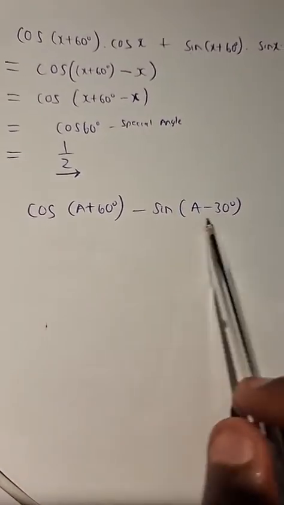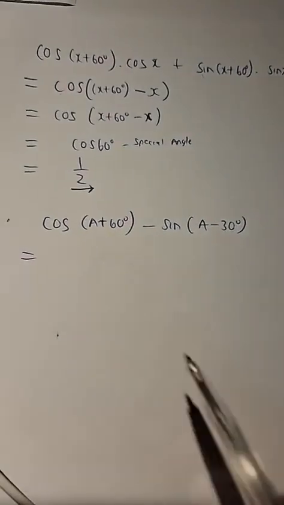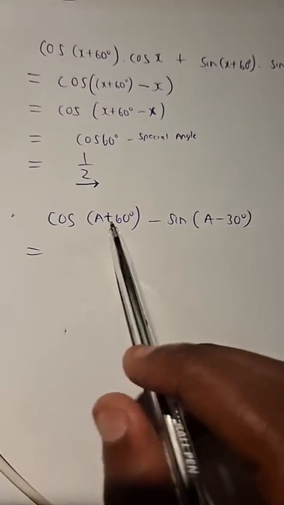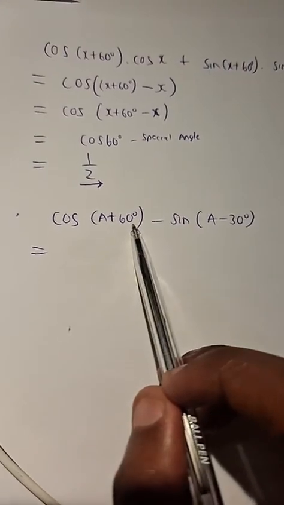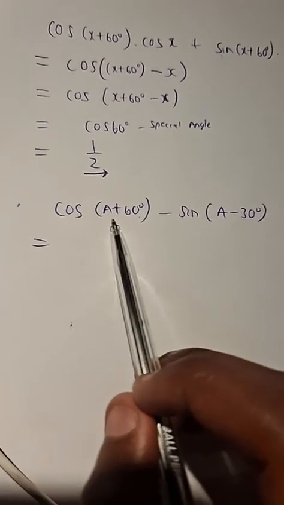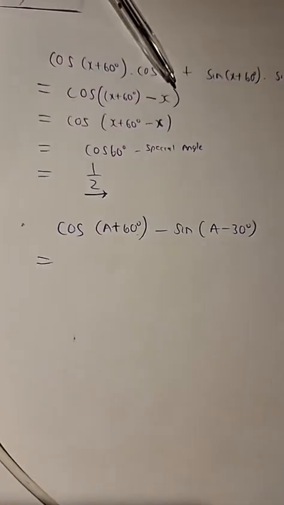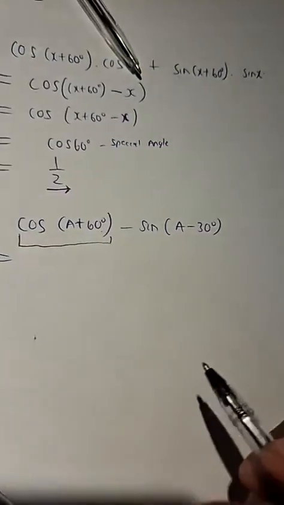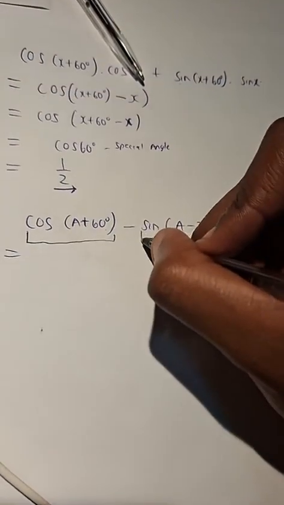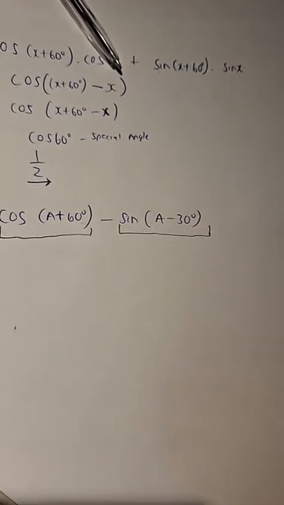So we are asked to do what here? To simplify. So let's go. Cos of A plus 60 degrees. This is the compound angle for cos. Okay, very important. This here, compound angle for sine.